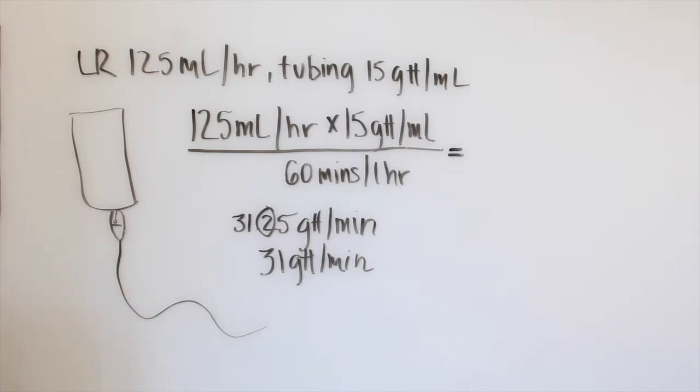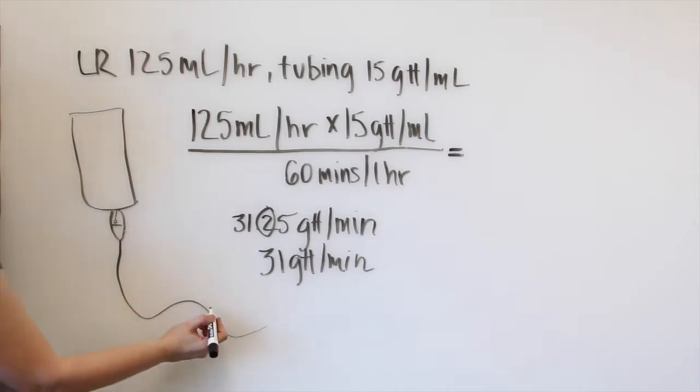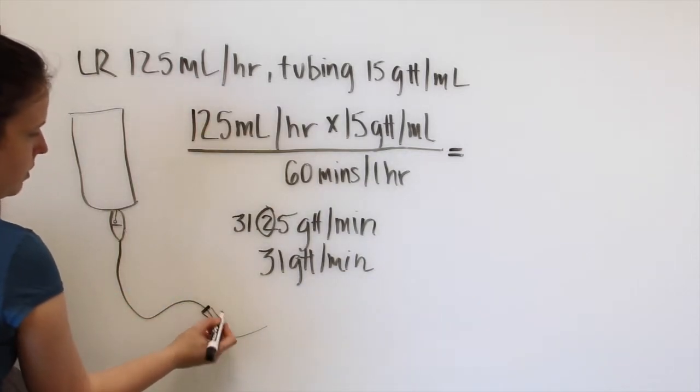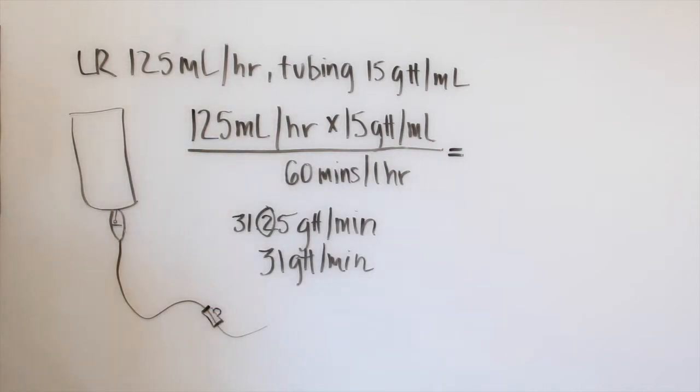So once you use your roller clamp to get about that, you're just going to roll your wheel. If you roll it up, it'll go faster. If you roll it down, it tightens around the tubing, so it's going to drop a lot slower. So you roll it kind of in between, like a medium. You're trying to find that happy medium to where you get the correct number of drops per minute.